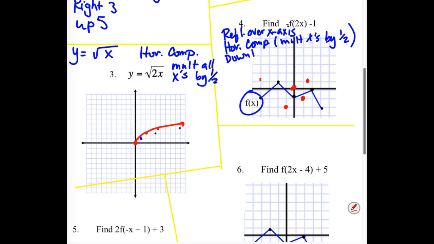Compressing it, I'm at -4. Half of that would be -2. And then down 1, I land there. All right, connect your dots. So does it look like what we predicted? Does it look like a W? Is it skinnier than its original graph? And is it moved down a little bit? Okay.